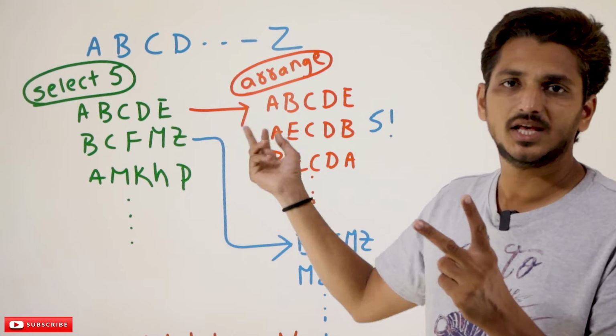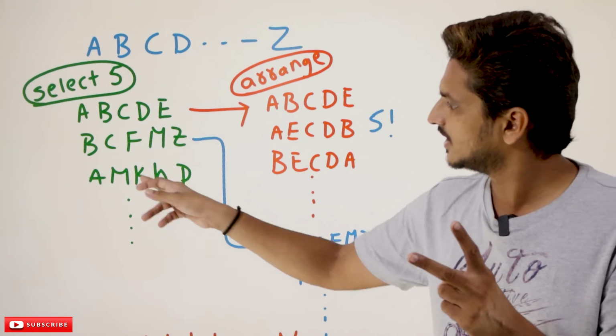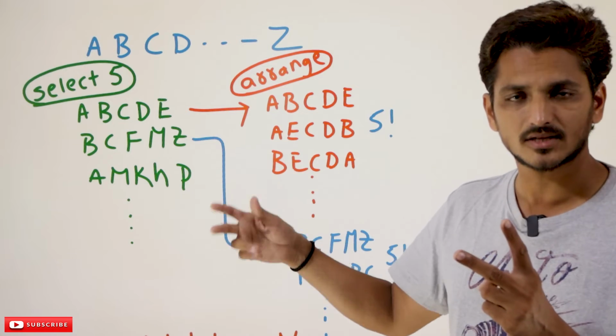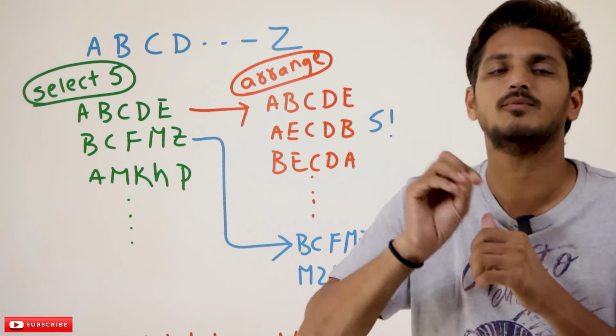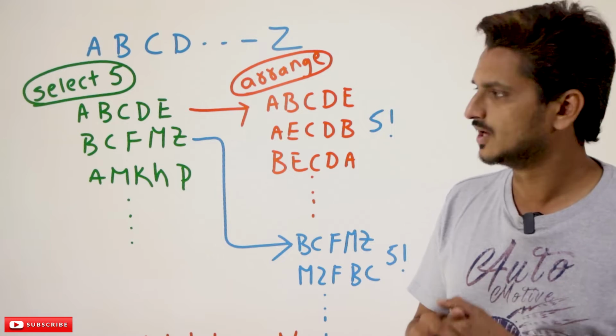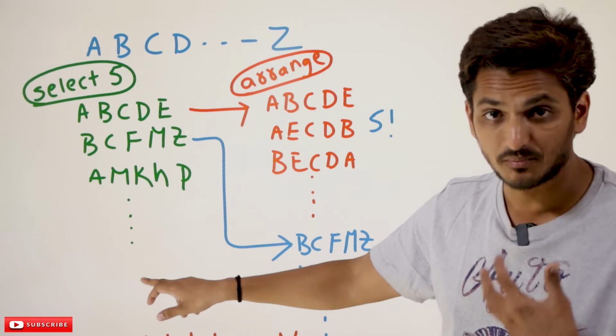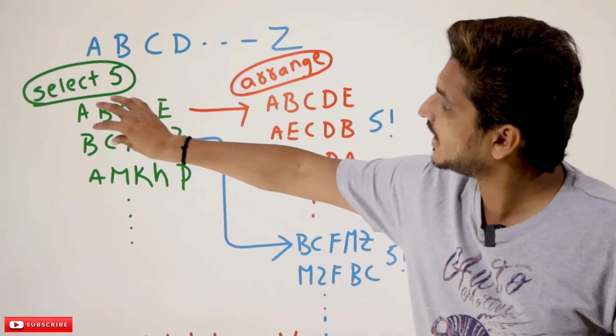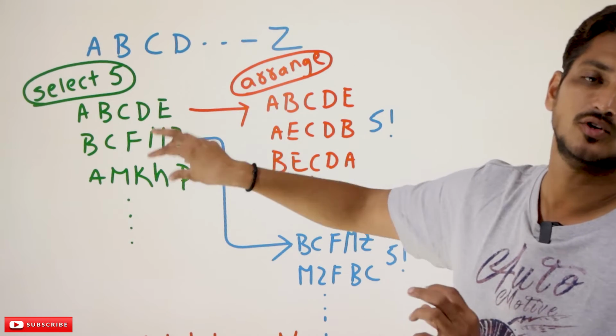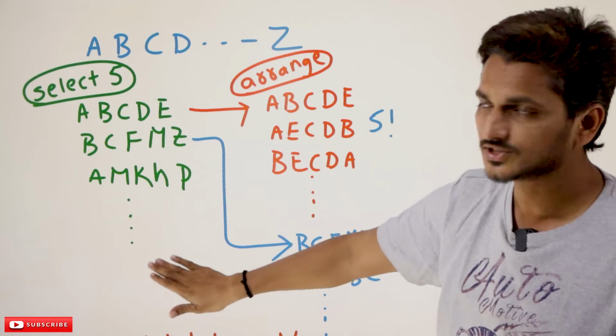A, B, D, E, F. This is another selection. A, M, K, H, P, this is another selection. These are the different ways you are able to select alphabets. So these are the number of ways you are going to select 5 alphabets from the available 26 alphabets. This is what selection means.